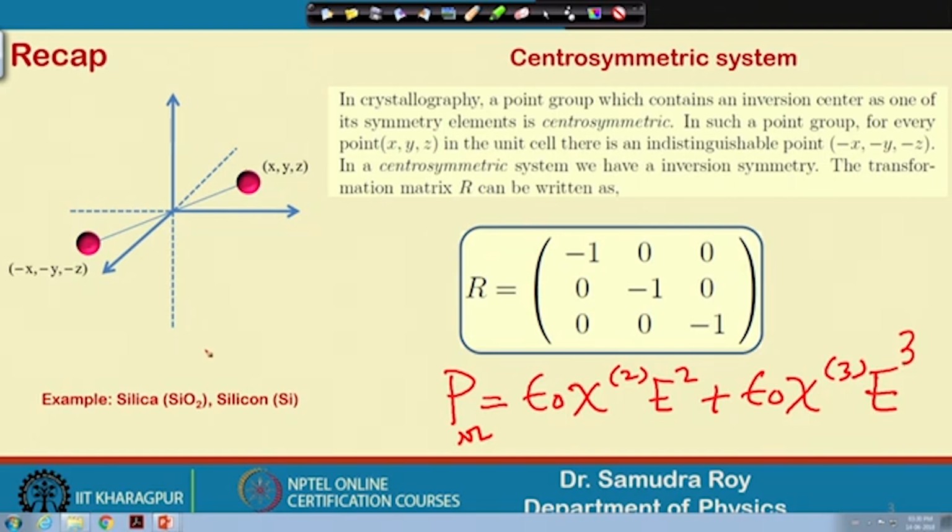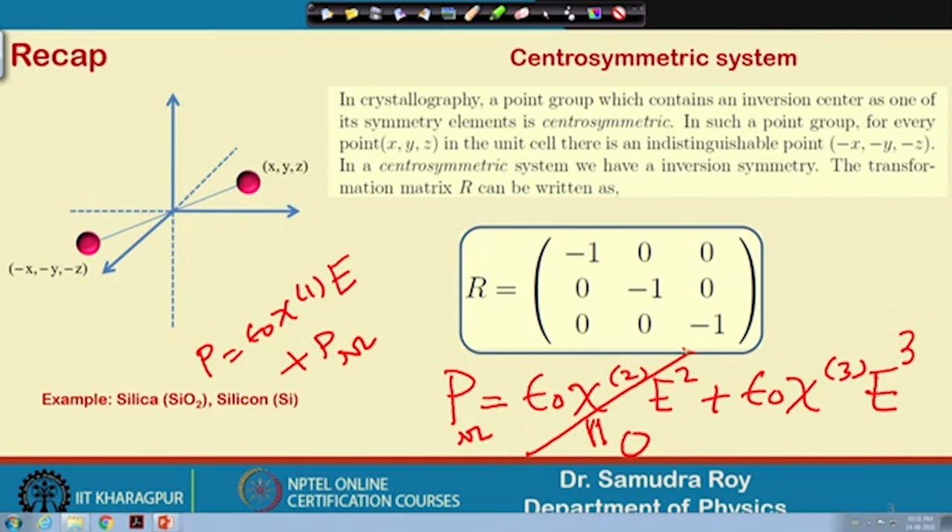If we write the total polarization, it will be as usual P equals epsilon 0 chi 1 E plus P nonlinear, and P nonlinear is represented in terms of this, as we have done several times. In a centrosymmetric system, this Chi2 is 0, so in the nonlinear polarization we never have these effects.